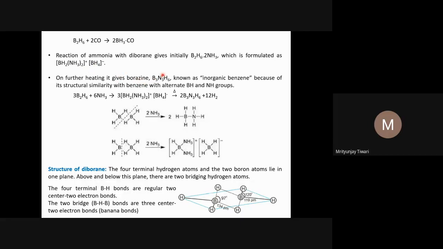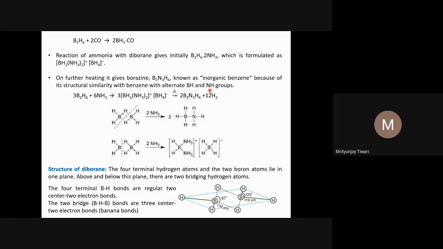Borazine is what? If you remember the structure of benzene, borazine has a structural similarity with benzene. In benzene, there are 6 CH units in a cyclic form, so carbon-carbon bonds are there between the 6 CH units. In borazine, there are 3 BH units and 3 NH units. One BH and one NH unit, if you look at it, is isoelectronic to the CH-CH unit.